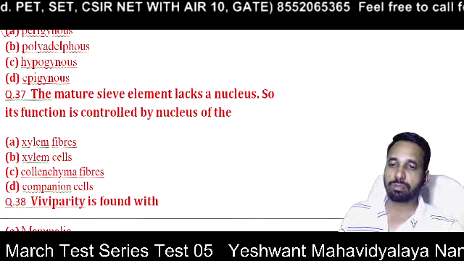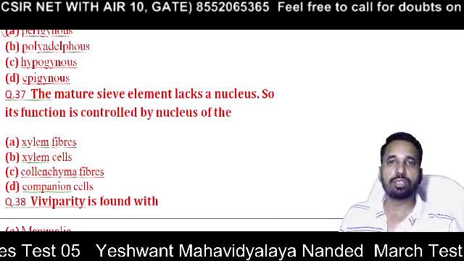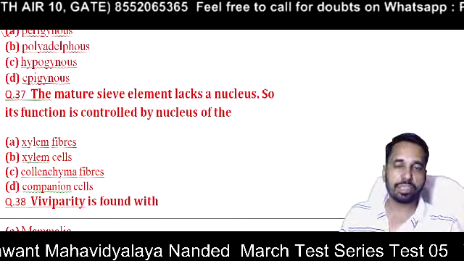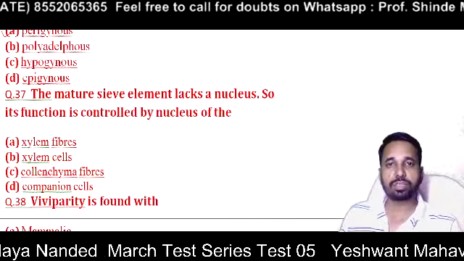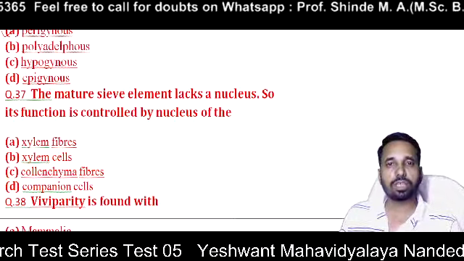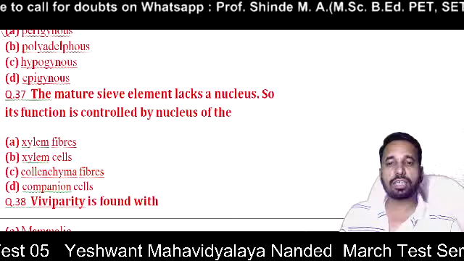Then the mature sieve element lacks a nucleus, so its function is controlled by the nucleus of? Remember, the only enucleated cells in the plant kingdom are the sieve tubes, that is in angiosperm. Okay, so if a cell is not having a nucleus and we are saying that cell is still living, somebody must be there who is controlling its cell activities, regulating its cell activities. So who is it? These are the companion cells.